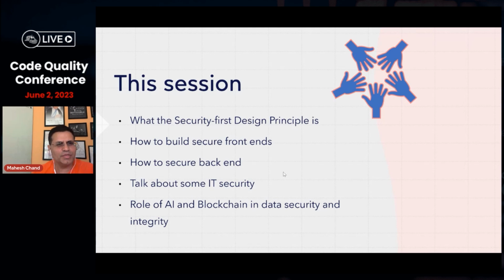You're going to learn how to build secure front ends, what to look for when you're building a secure backend, and talk about some IT security. And then I'm going to add a twist: how current AI and blockchain can add a layer of security to your software. I'm sure you have heard of AI and blockchain by now. AI and blockchain are going to play a major role when you're building secure software.